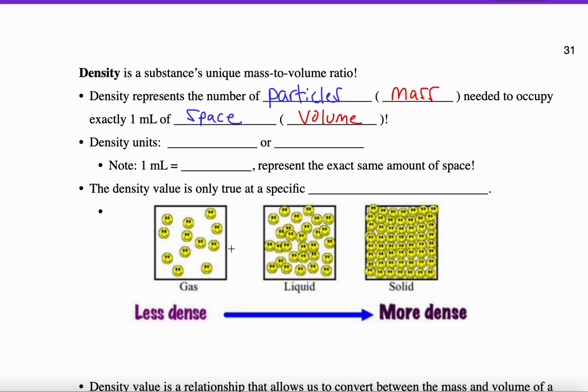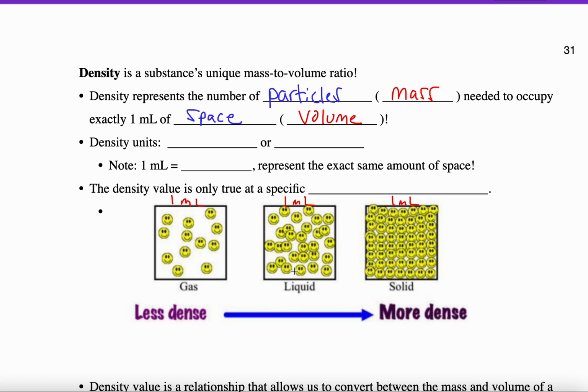So let's take a look at these three pictures down below. Each picture, each box represents 1 milliliter of space. But when you look from the gas sample towards the liquid sample to the solid sample, we move from less dense to more dense.